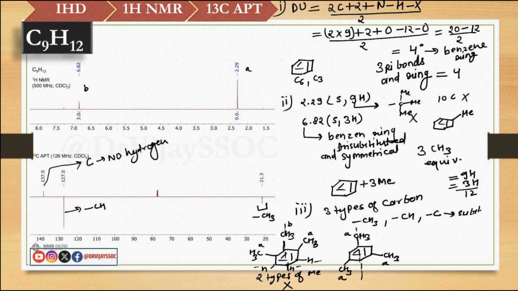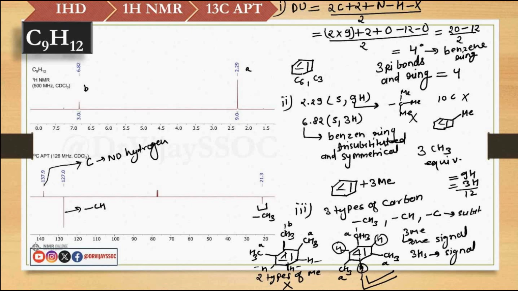So it will show only one signal for the 3 methyl groups. But what about the aromatic protons? If you see, all these aromatic protons have the same chemical environment, so 3 hydrogens will have the same signal. So it means the correct structure is this one.